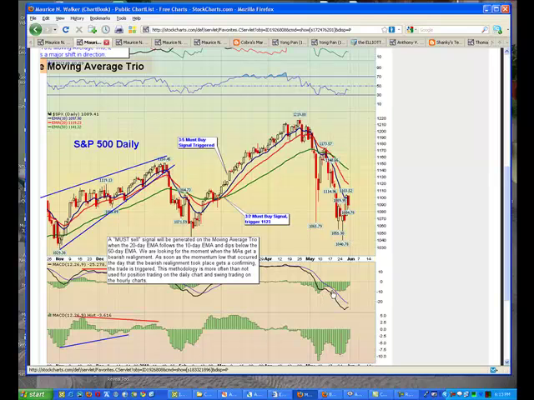This one here is much different because of how much further it dropped. From about 1220 down to 1040 is 180 points. That's a lot different than the 1150 down to 1040 that you had over here, which was 110 points.